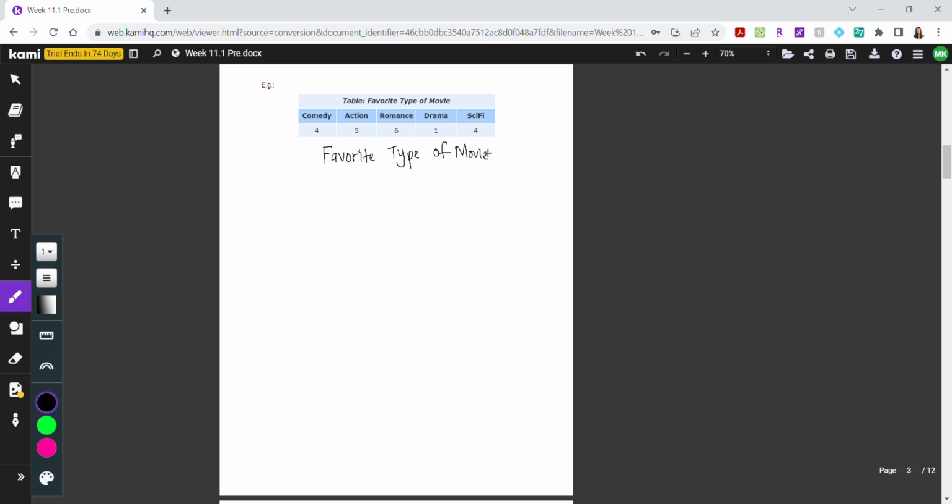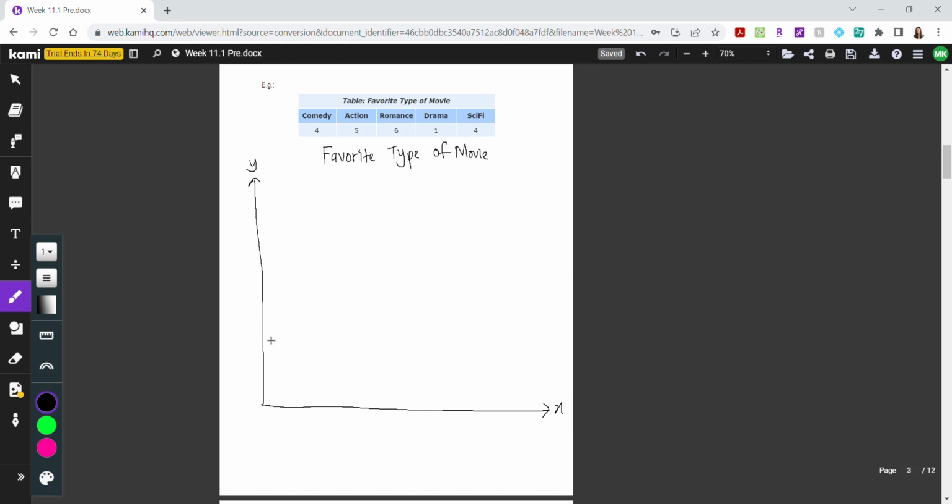And then the next thing we want to do is draw our axis. So we have our y-axis, and this is going to be our x-axis. Okay. The next thing we want to do is label the axis based on our variable.